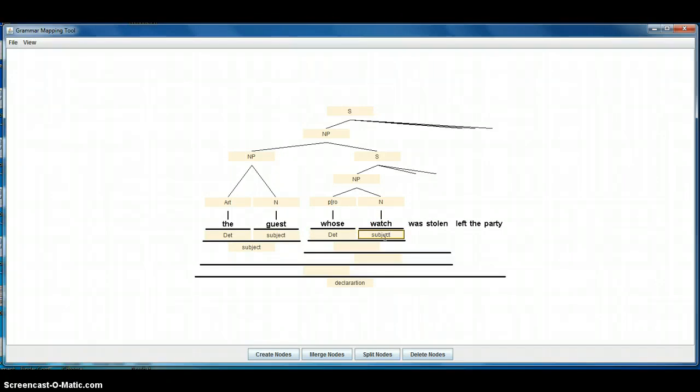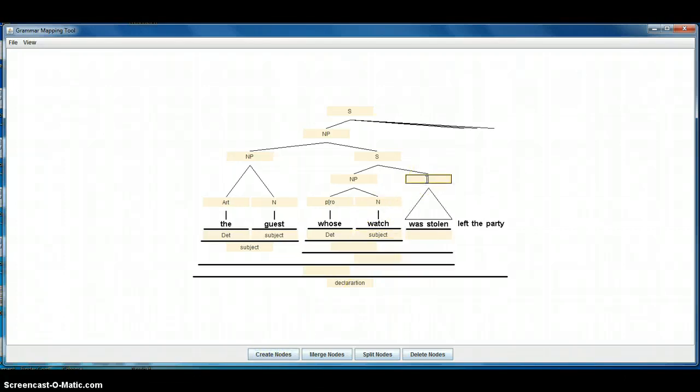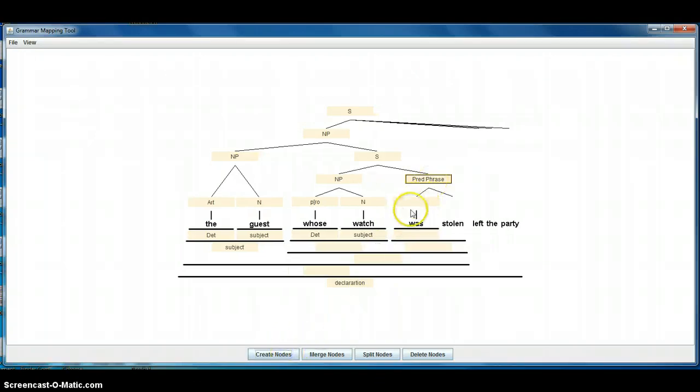And now was stolen is itself a predicate phrase underneath the S. So that's what we get there. And then was is a passive auxiliary. So we're going to put here, this is an aux.